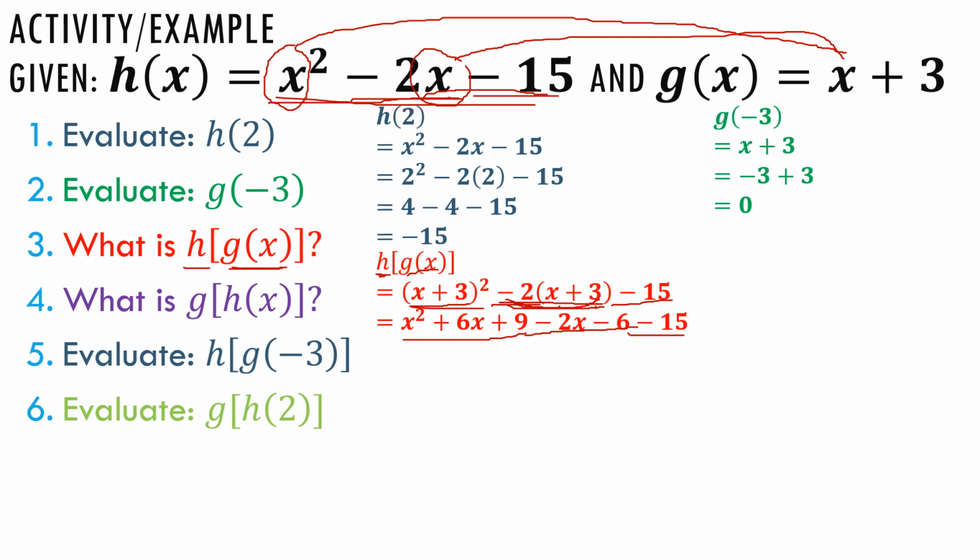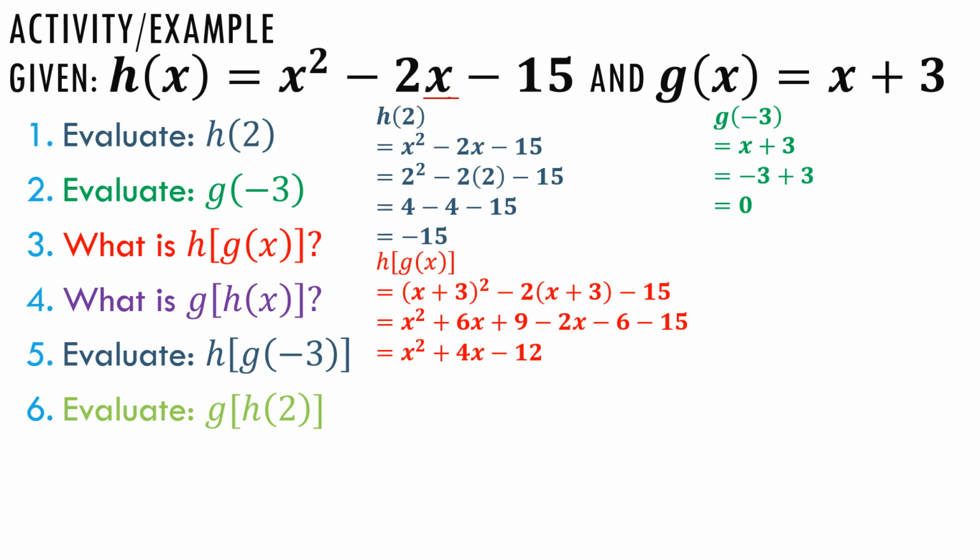Now let's combine like terms. X squared and then 6x minus 2x, the answer is 4x. 9 minus 6 minus 15, the answer is negative 12. Ito na yung final answer, hindi na natin ma-simplify pa. So that's the answer for question number 3, which is h of g of x.